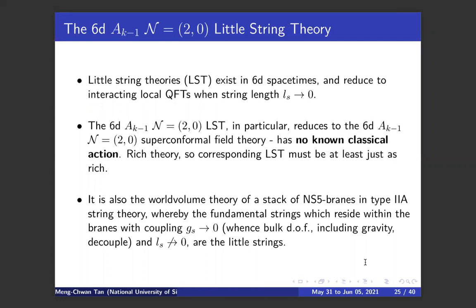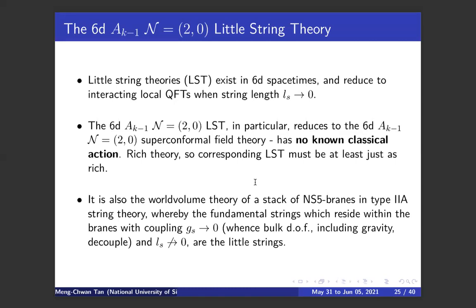That has given us so many results: geometric Langlands in 4 dimensions, when you come down to 5D and T2, and a lot more things that we have found, AGT and all that. So it's a really rich theory, and it comes from the point-particle limit of this little string theory. This (2,0) theory has no known classical action, but that doesn't mean we can't study it.